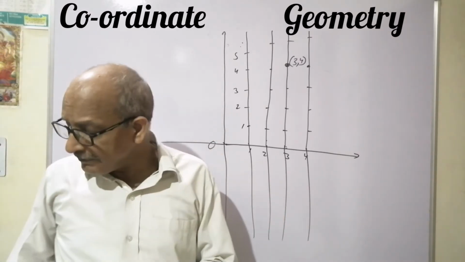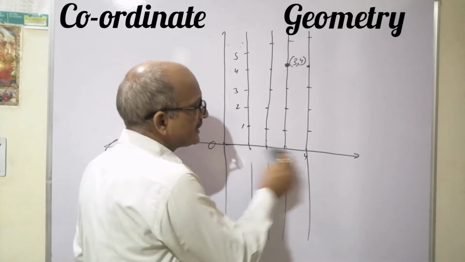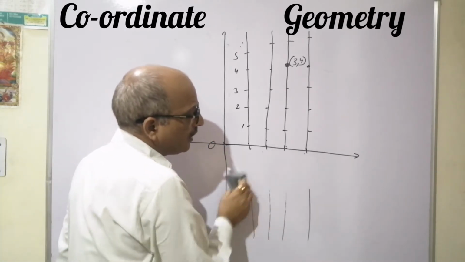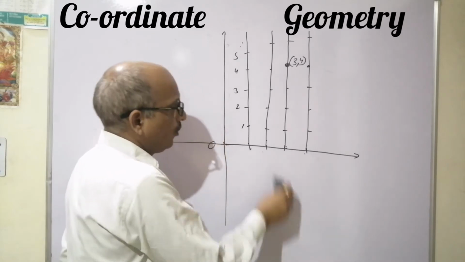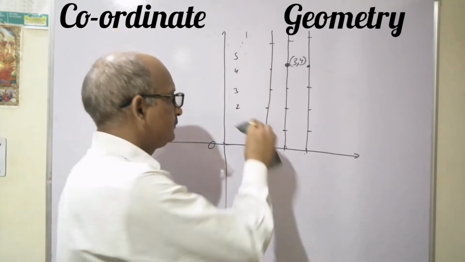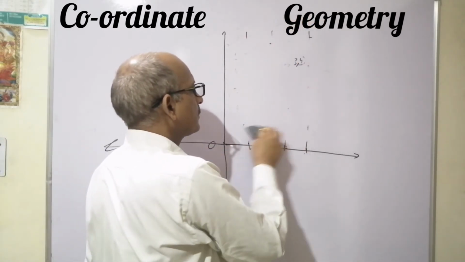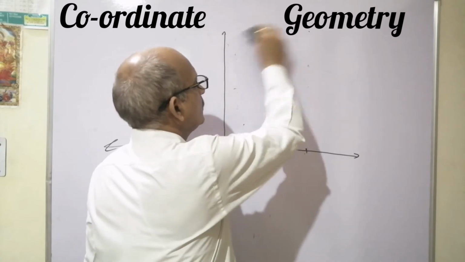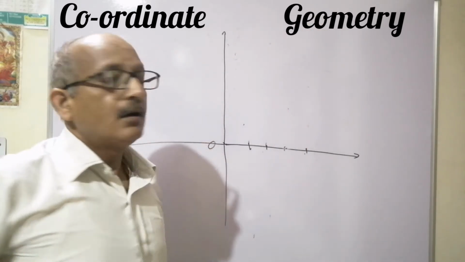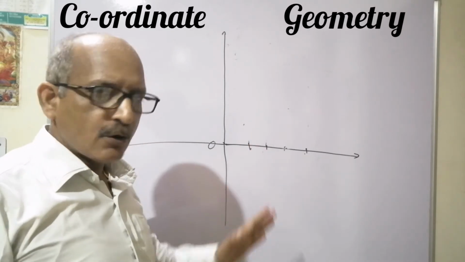If I remove it, we'll see the whole plane is divided into 4 parts, known as quadrants.